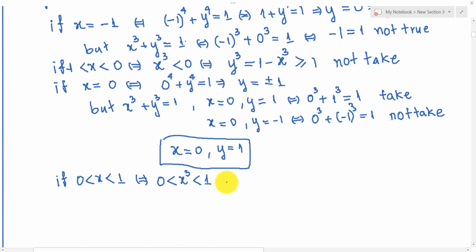Then we get 0 is smaller than y^3 and smaller than 1, because if x^3 + y^3 = 1, each is smaller than 1. From this it means that 0 is smaller than y and y is smaller than 1.